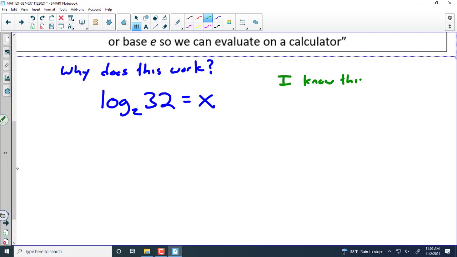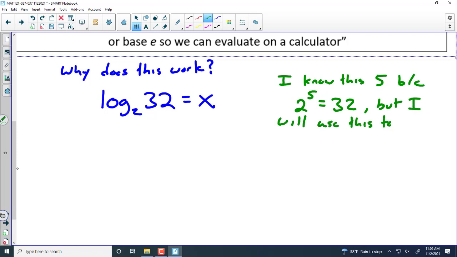I know this is 5 because 2 to the 5th equals 32. But I will use this to show how change of base works.